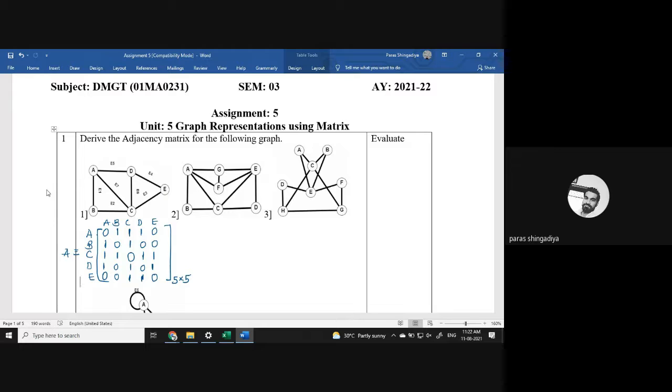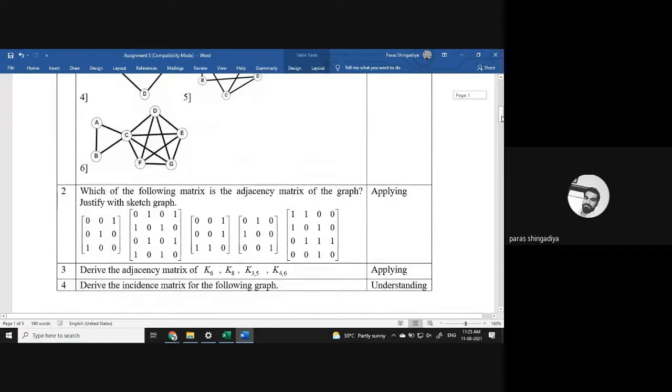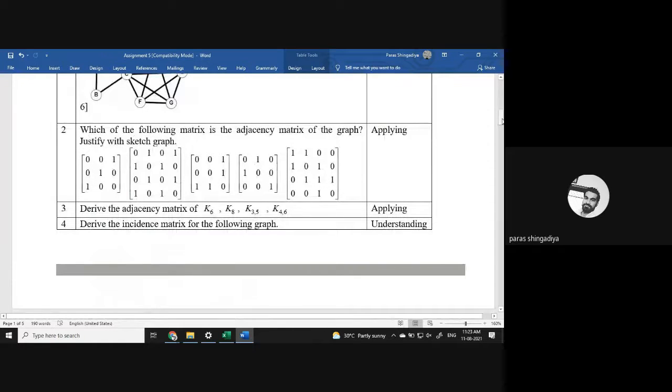So, how many marks for this question? It depends on the question. If we consider question number 3, for example, and I modify it as: define the adjacency matrix.